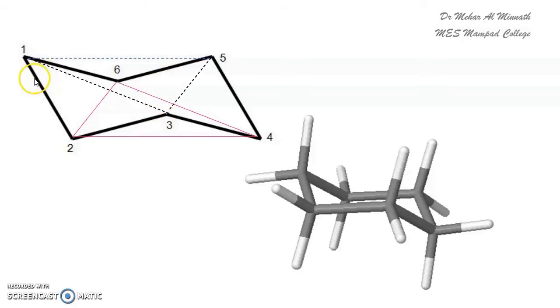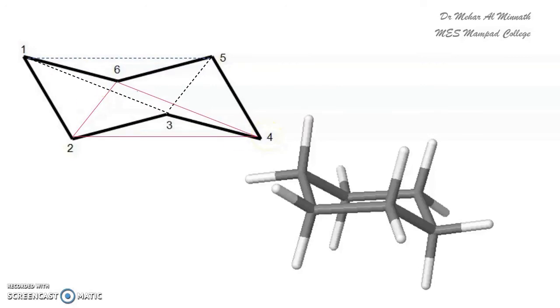Remember, while drawing the structure of the chair conformation, you must draw the C1, C2 bond parallel to the C4, C5 bond, the C2, C3 bond parallel to the C6, C5 bond, and the C1, C6 bond parallel to the C3, C4 bond.